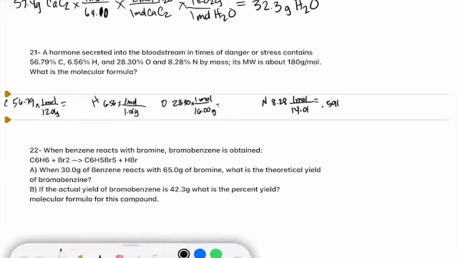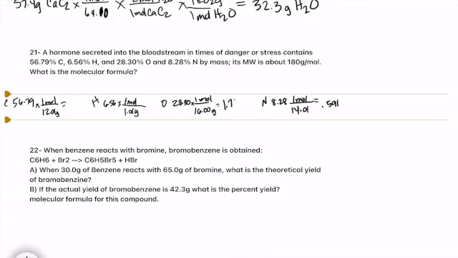0.591 moles of nitrogen. 1.769 in this case, moles of oxygen, since they give me 4 significant figures.